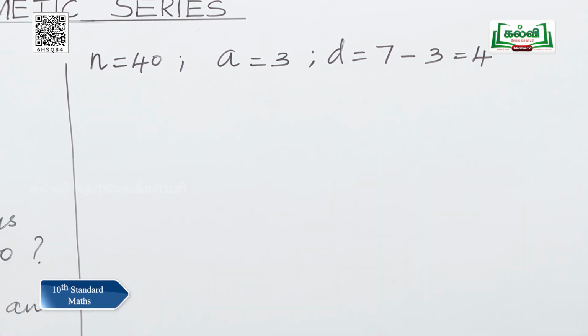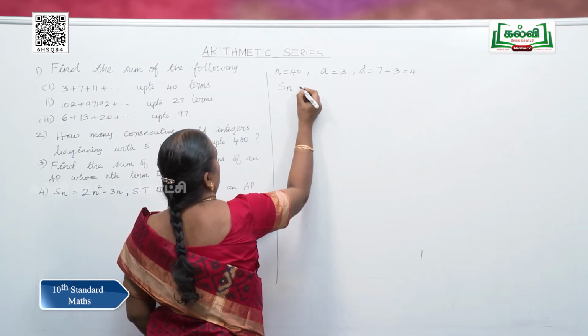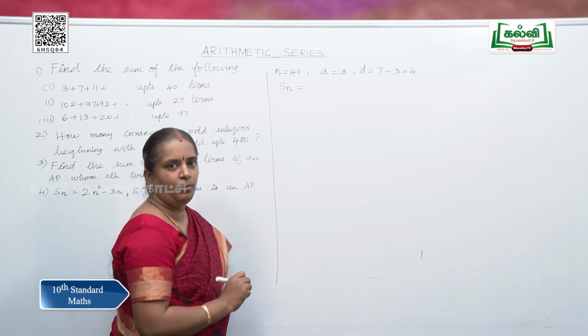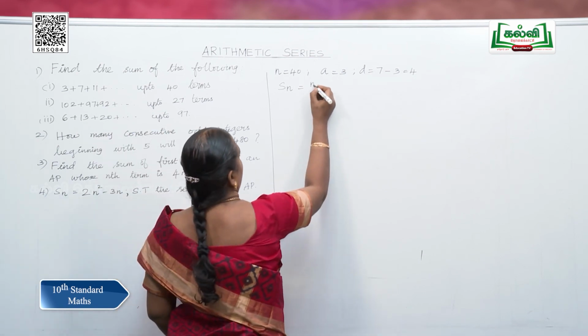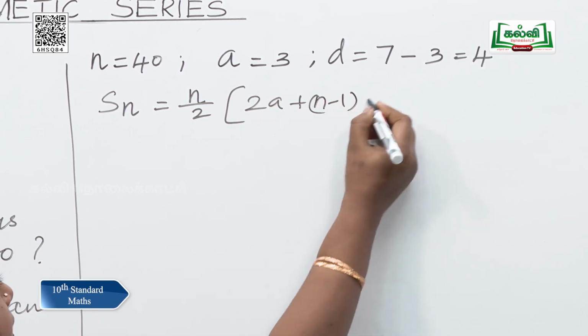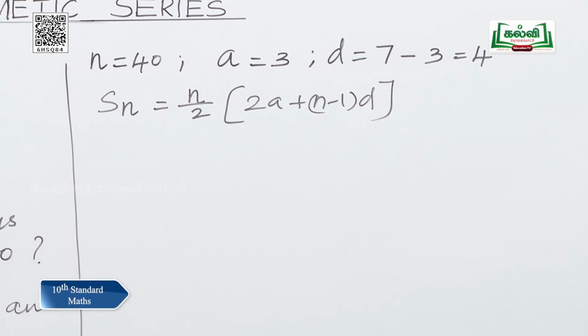So, we have found n, a and d which we need for the formula to find the sum of n terms of the arithmetic series. So, what is the formula for Sn? Sn is equal to n by 2 into (2a plus (n minus 1) d). Why do we use this formula? Because l is not given.